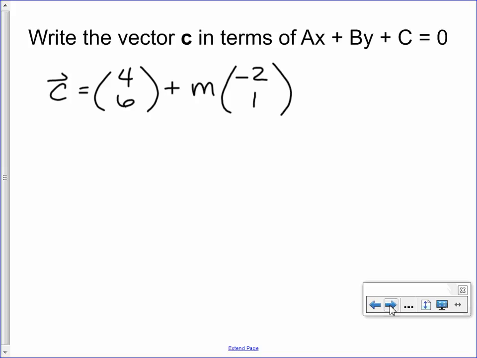Here we go. To change from vector to Cartesian form. By Cartesian, I mean x's and y's. So this thing right here is called Cartesian form. Cartesian, like Rene Descartes, because it's the Cartesian plane.